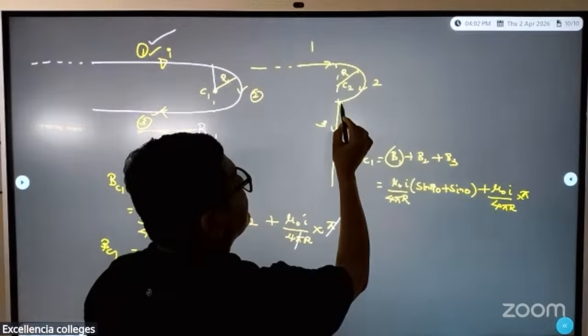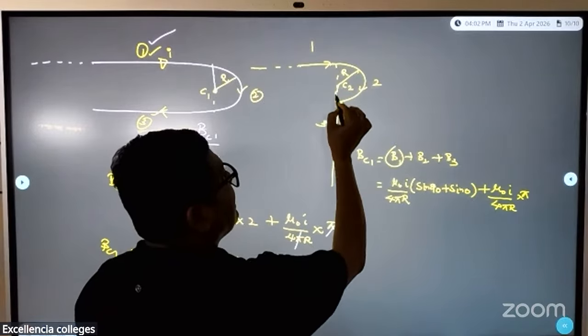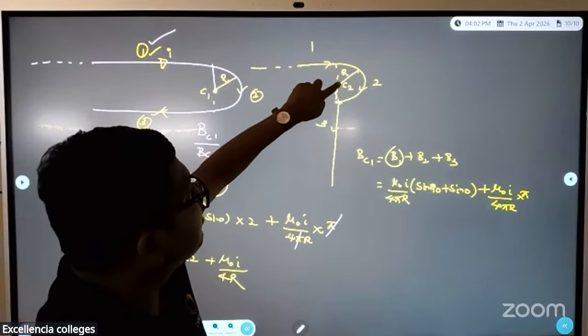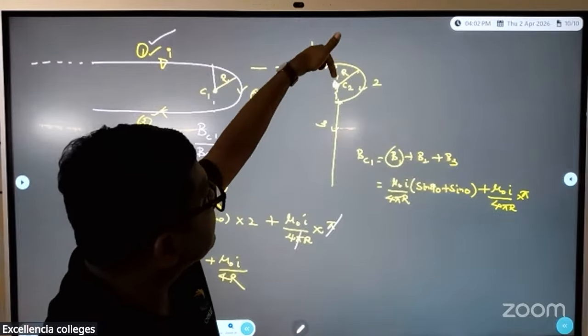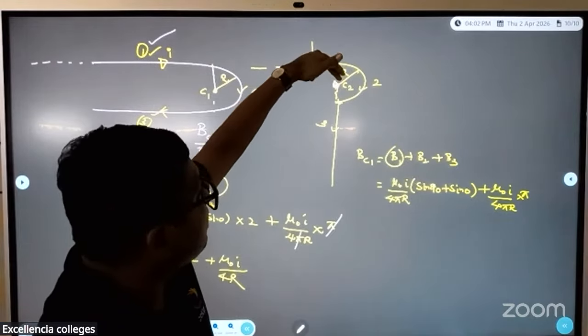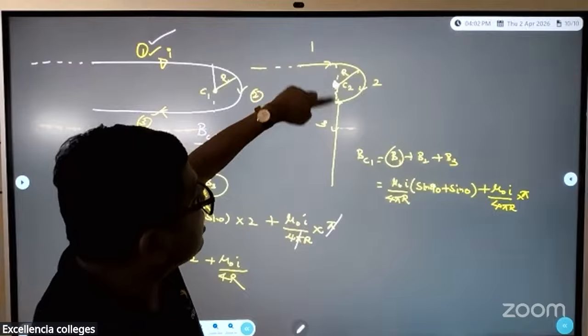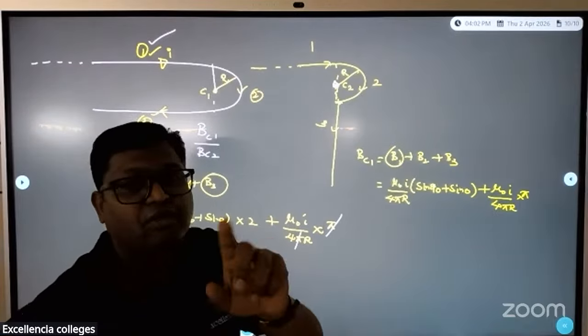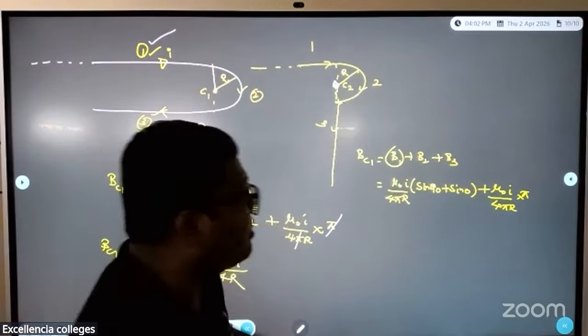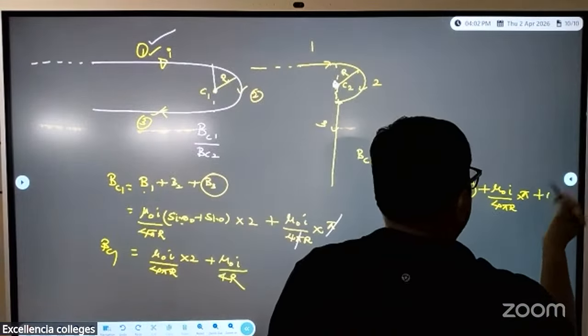Now the third wire, third segment, is in line with the point of measurement. The point we are trying to measure is exactly in line, so it's parallel. Therefore, the contribution will be 0 because L cross R comes out to be 0. So the third segment doesn't contribute.